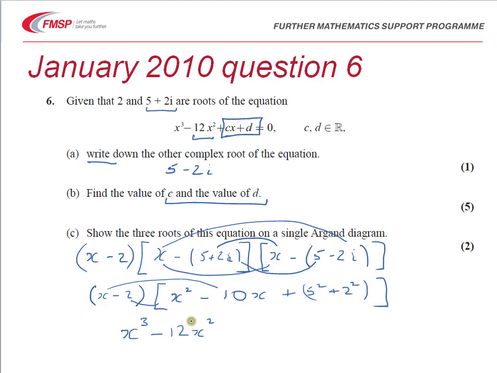So minus 12x squared. The x term comes from two places. The x multiplied by the number term at the end here, which is 29, and then the minus 2 multiplied by the minus 10x here. So in total, you've got there 20 and 29, so in total we've got plus 49x.